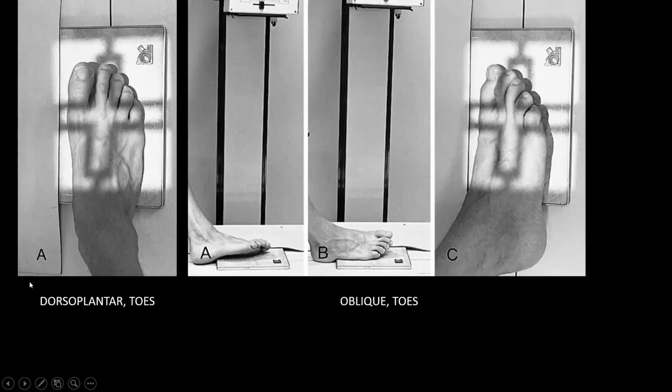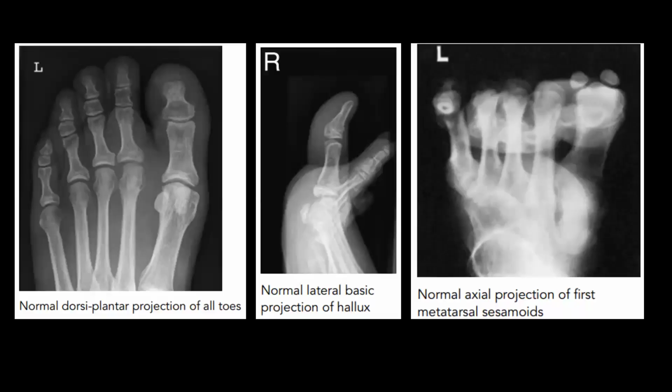We can have a special projection for toes in patients with metatarsalgia and pathologies which are specifically affecting the toes. We can just collimate in that area and take a radiograph of that particular region. This is how we take the dorsiplantar view of toes, both in the dorsiplantar view and a slightly oblique projection.